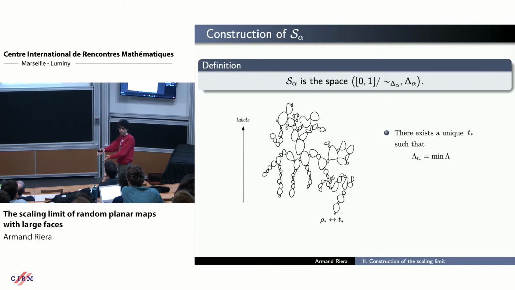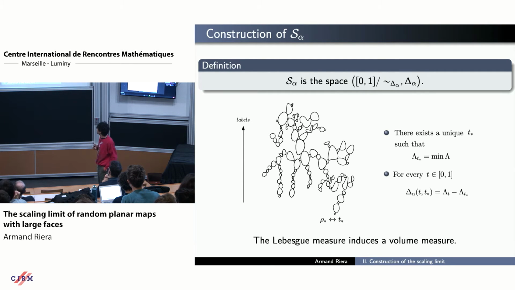That's something that depends only on the process. And the distance to this T star for other T is just the difference of labels. So the labels are just telling you the distances to this T star. That's the reason why we are going to take the root to be T star. So really the labels give a distance to the root.